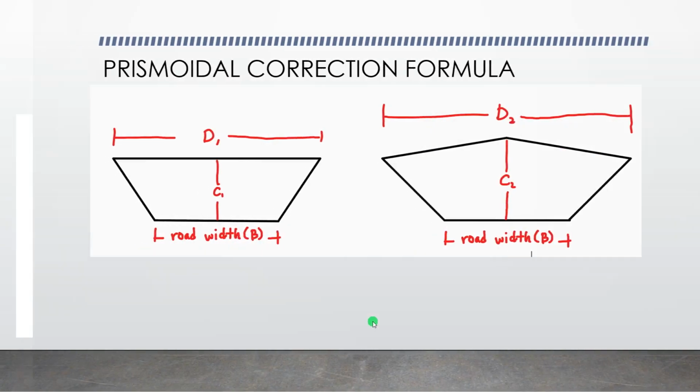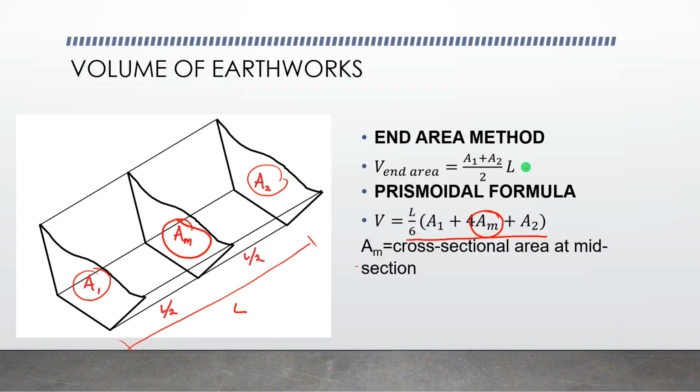So when we use the end area method, there should be a correction, because the prismoidal formula is the more accurate solution for determining the volume of earthwork.